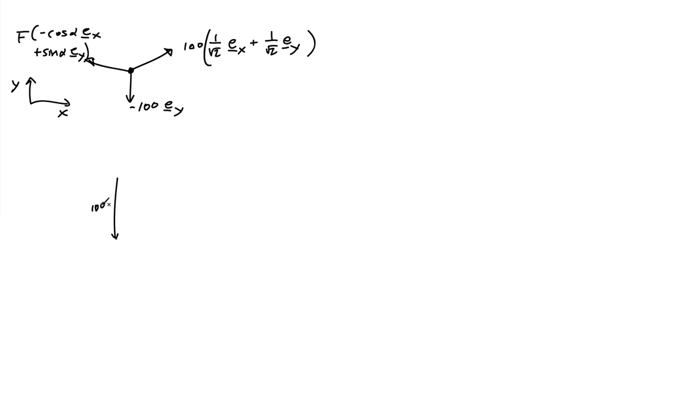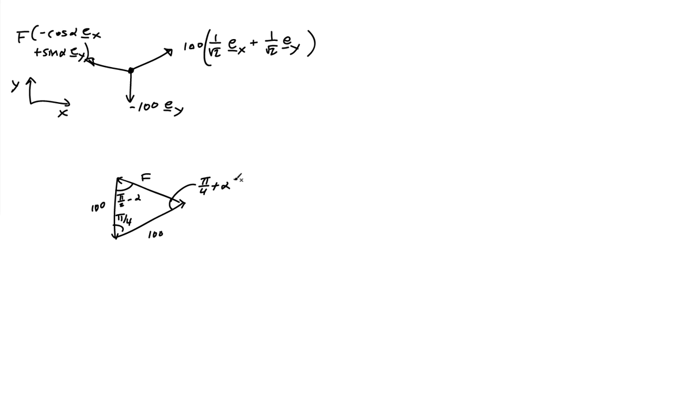I put an arrow of length 100 going straight down, another arrow of length 100 where this angle is 45 degrees, so pi over 4 in radians, and then the closure of that triangle is a vector of length F. The angle F makes with the horizontal is alpha, so this angle here is pi over 2 minus alpha. Since the sum of the angles has to be 180 degrees, this angle in here is pi over 4 plus alpha.